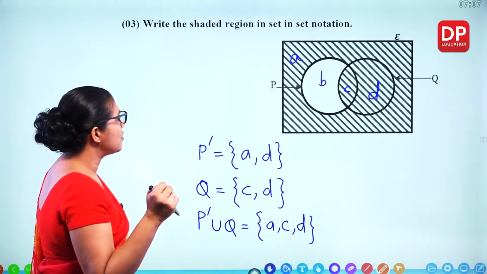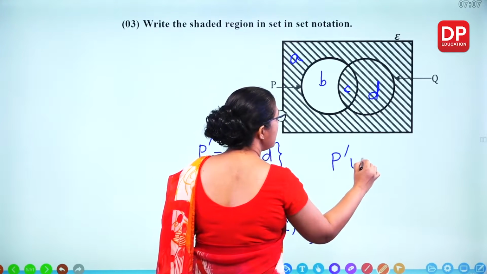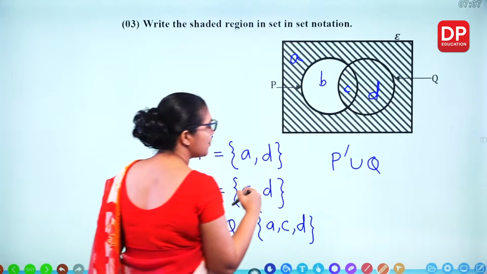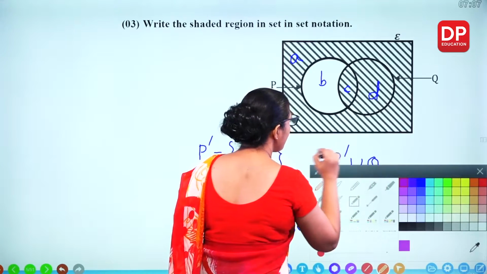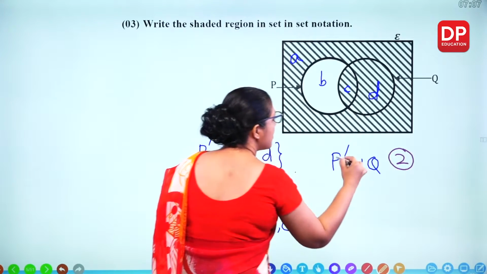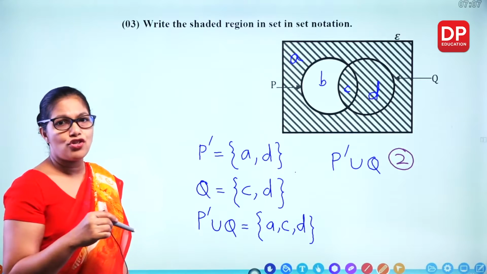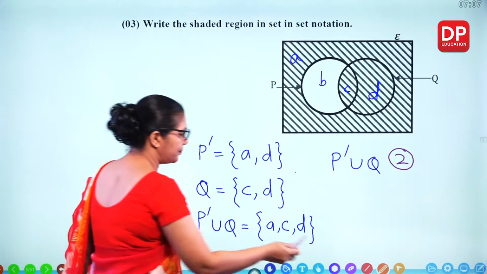So what's the set notation? P dash union Q. So you get 2 marks for writing down the correct set notation, P dash union Q.